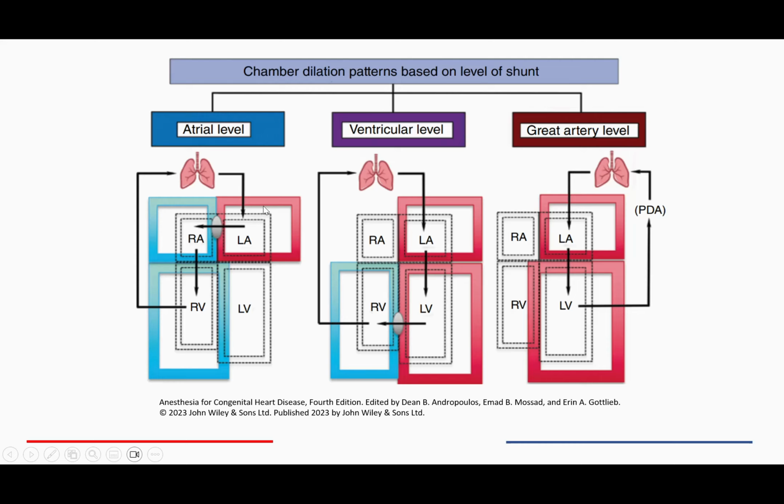In VSDs, the left side dilates first because during systole, blood flows from the left ventricle to the pulmonary artery directly, so there is overflow and then more blood than normal comes to the left atrium, so the left atrium and the left ventricle receive more blood than usual.